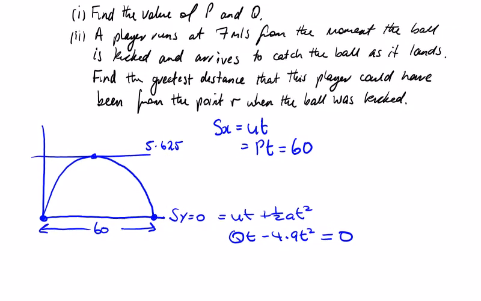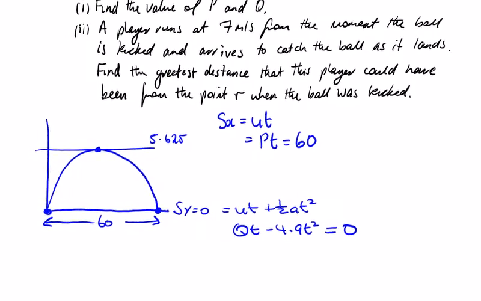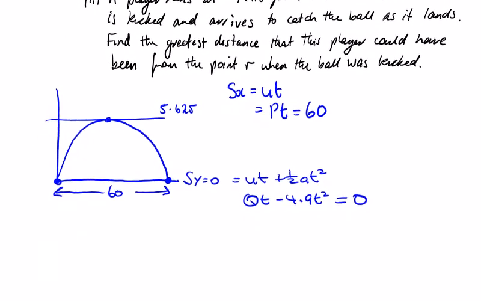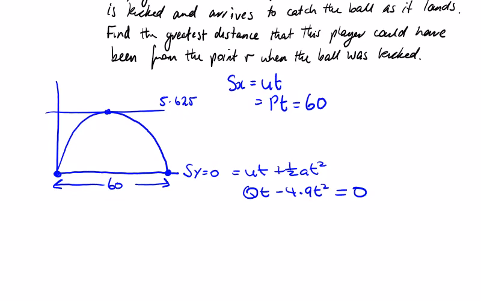So if I can get t, I'll be able to find out what p is. If I can get q, I should be able to get t. At the greatest height, I'll just call it gh, v squared is equal to u squared plus 2as. My velocity is 0 at this point. My u is q.